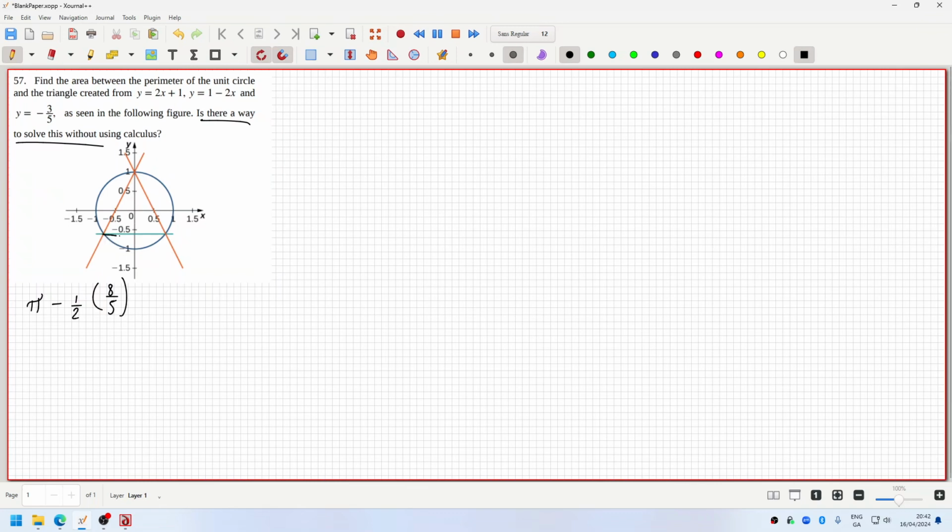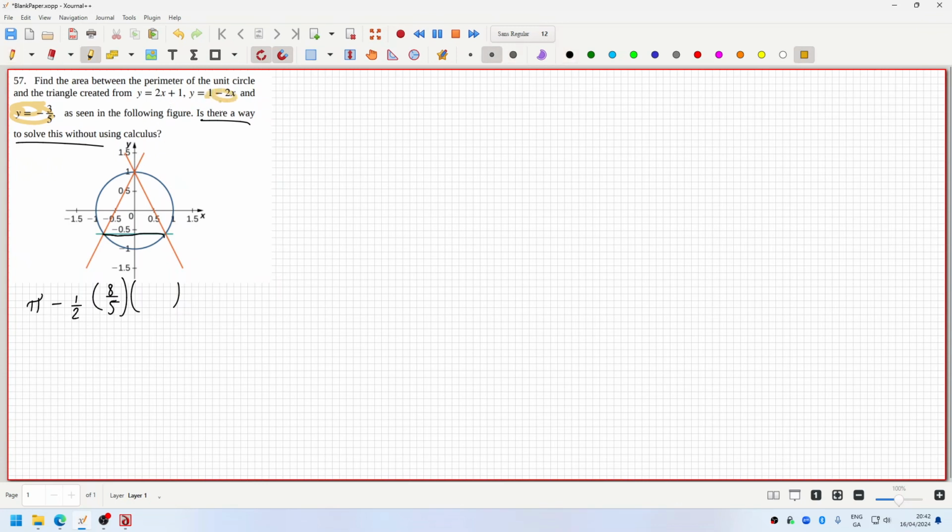And then we need to calculate this. Yeah, 8/5. So, okay, we'll have to figure out this base here. Let's see where this line intersects either of these.